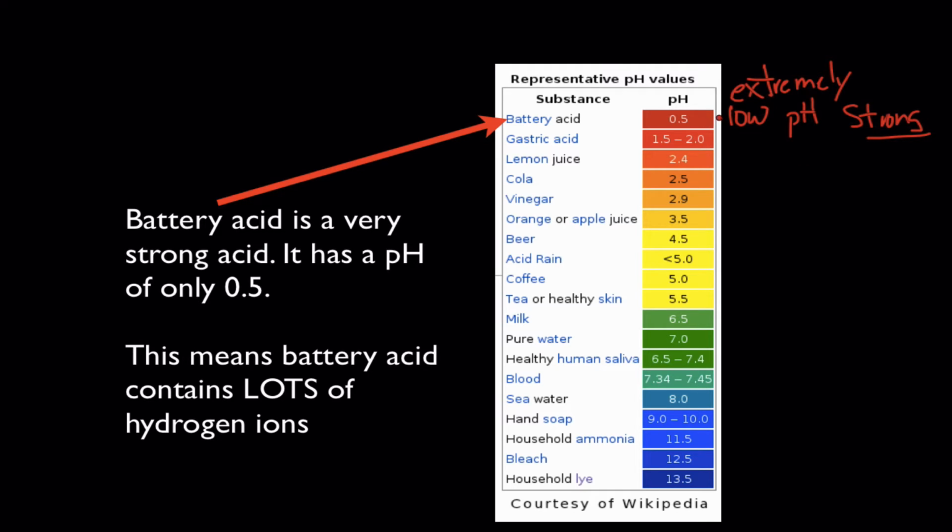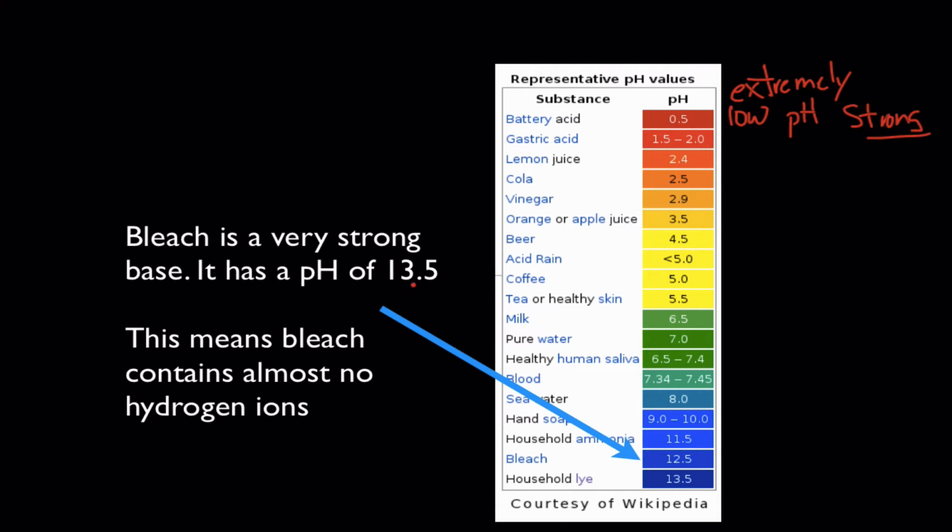Down here at the bottom, we have things with very high pH, like bleach or lye. These are chemicals that don't have hardly any hydrogen ions in them, and they have a whole bunch of hydroxide ions.